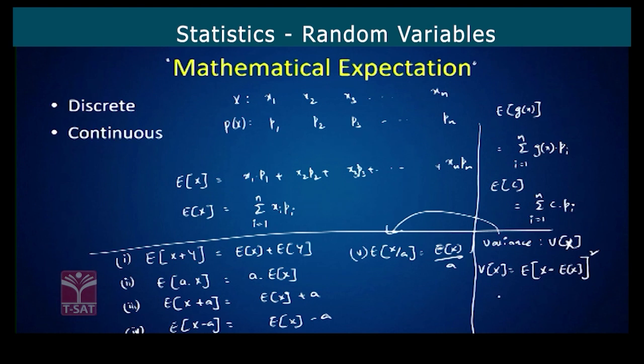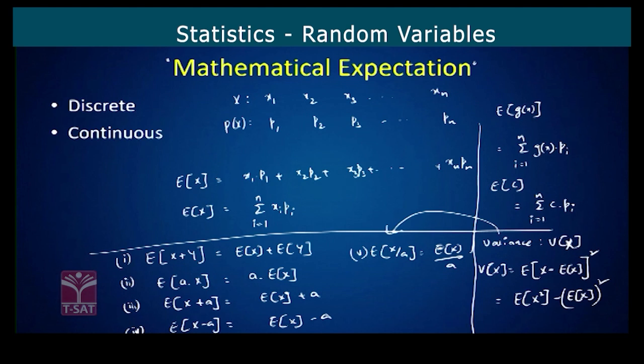The same thing we can write as expectation of x square minus expectation of x whole square. Both are equal. When you expand this, you will get the below equation. So this is a very important relation.